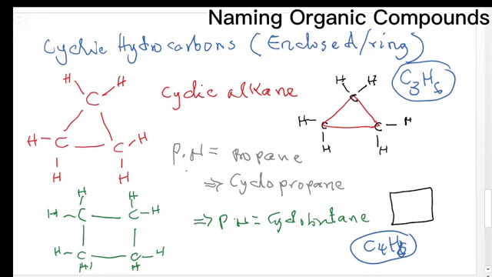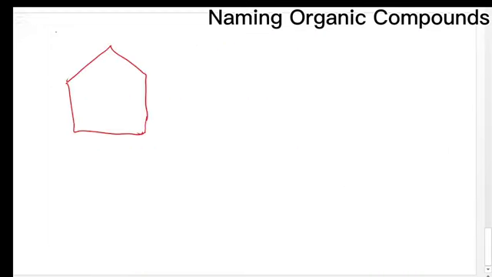Now if you look at cyclopentane too, okay, this is a cyclopentane. Now as for cyclopentane, I have each carbon atom here: 1 carbon, 2 carbon, 3 carbon, 4 carbon, and 5 carbon atoms. So each will have hydrogen saturated to make it 4 bonds. So I have 1, 2, I have 3, 4. This is 3 and this is 4.